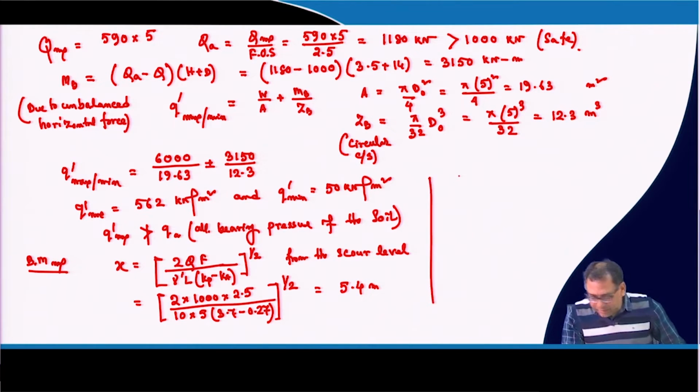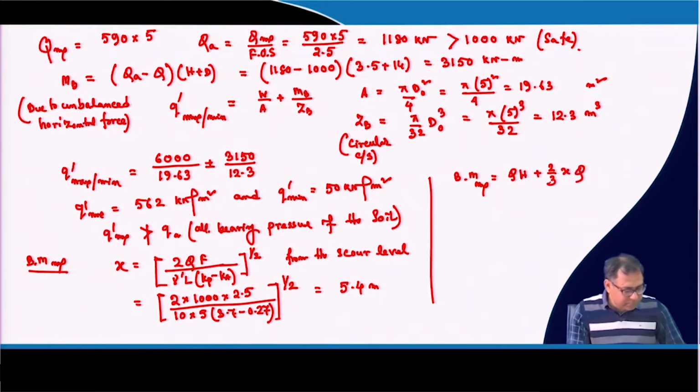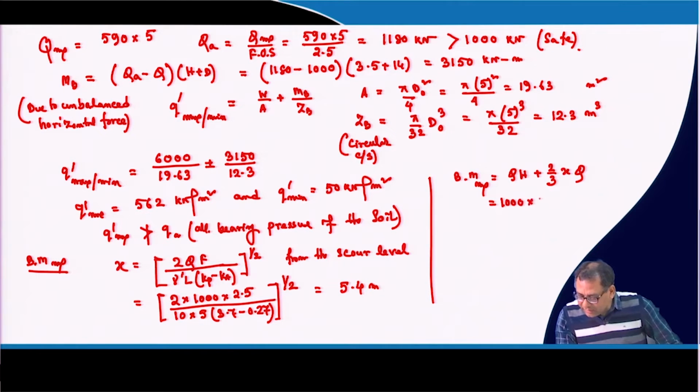So, the maximum bending moment, Bm max, is equal to QH plus 2/3 of x into q. Q is 1000, H is 3.5, plus 2/3 into x, which is 5.4, into 1000.